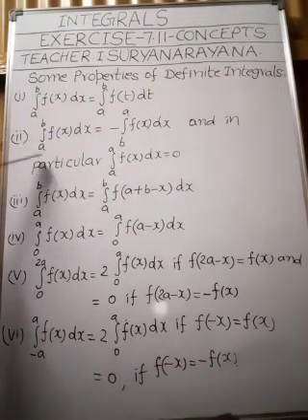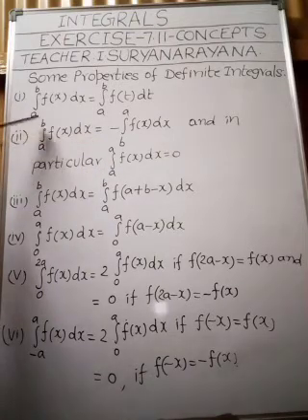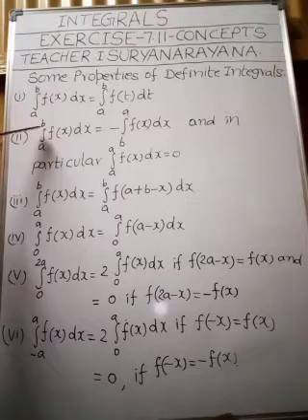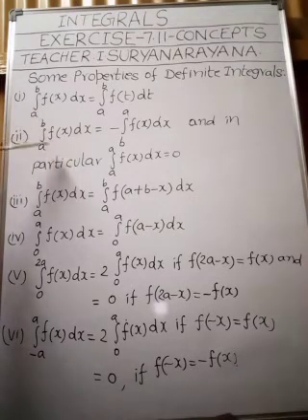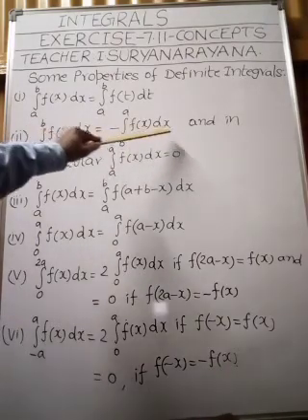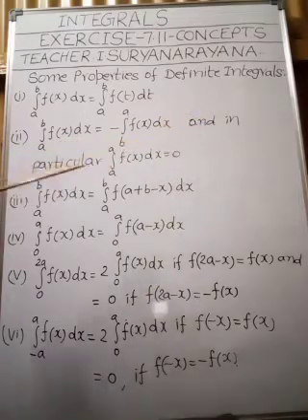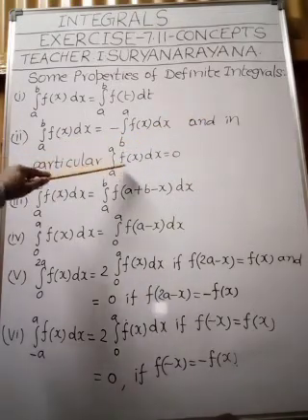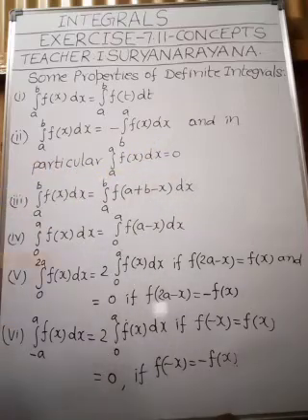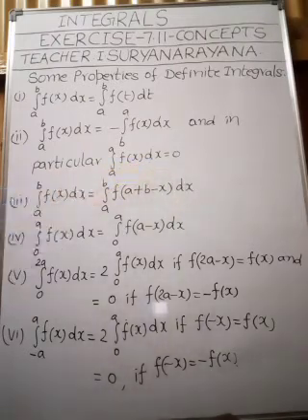If we interchange the limits, then we take minus integral b to a f of x dx. Understood this formula? And in particular, integral a to a f of x dx is equal to 0. If lower limit and upper limit are both the same, then the definite integral of that function is equal to 0.